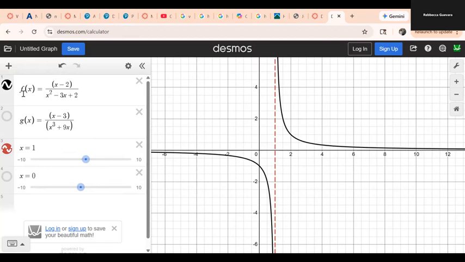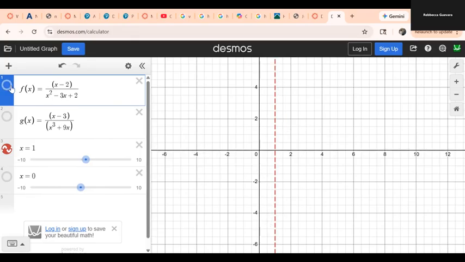So once again, if we had f of x equals x minus 2 over x squared minus 3x plus 2, we see that we have a vertical asymptote at that 1, but the 2, like we said, is a hole, it's undefined there. So you notice it leaves a little hole in the graph when I get over that spot. Next one.